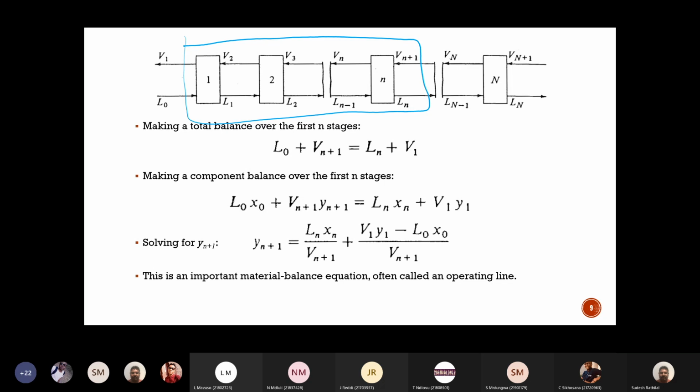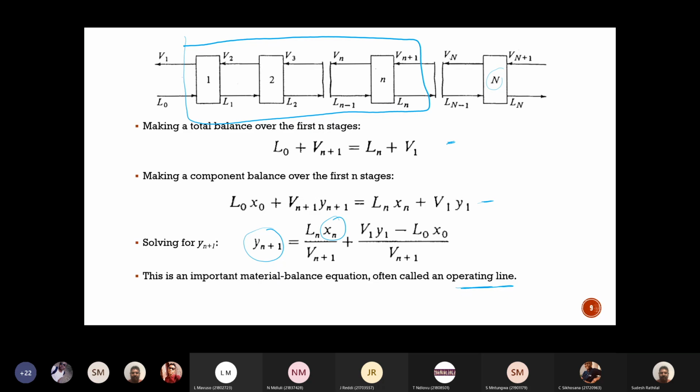And remember, n can represent any stage from 1 right up to capital N, which is the total number of stages. If you do that, that is the equation you get for the component mass balance and for the total mass balance. You make yn plus 1 the subject of the formula, and that is the equation you get. And this is the operating line.